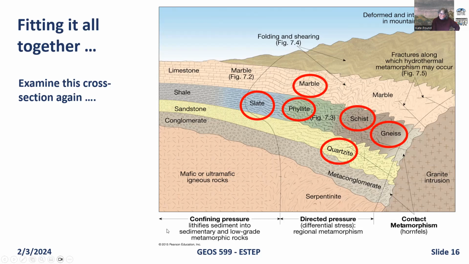So over on the left, we've got our sedimentary rocks. And essentially what we're saying here is just the natural squishing or confining pressure is what turns the sediments into rocks, sedimentary and low-grade metamorphic rocks.